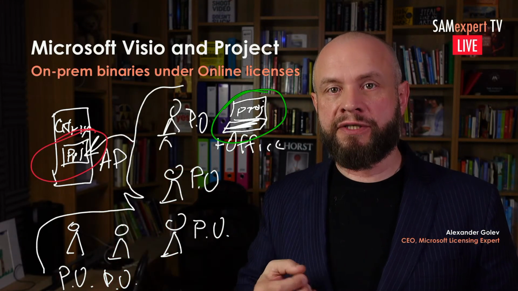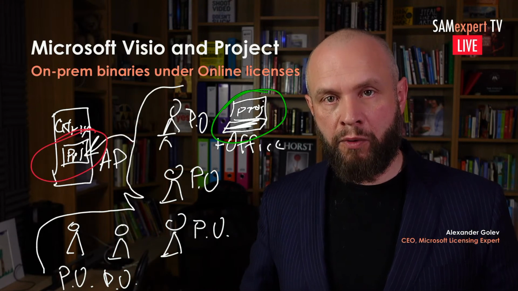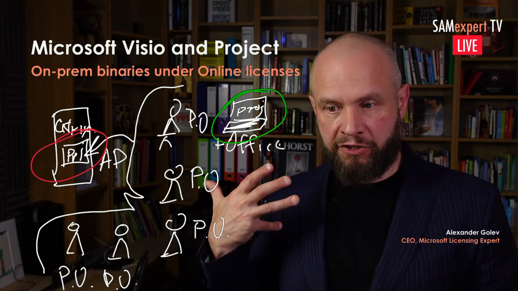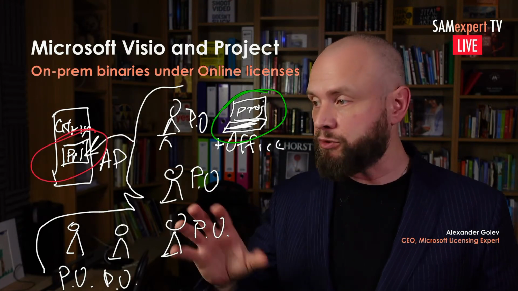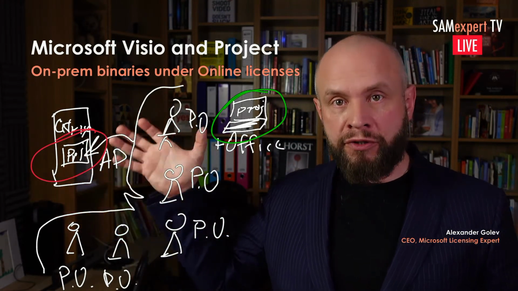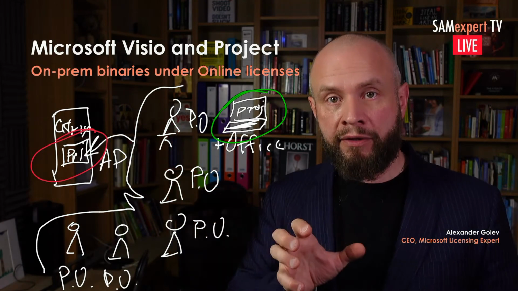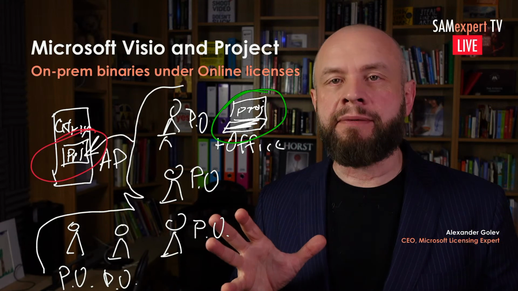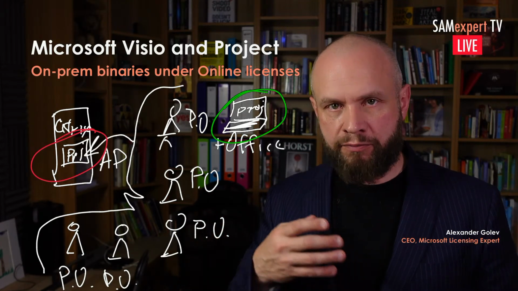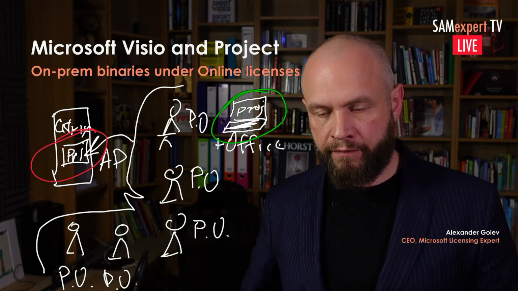Therefore, some users, when they had, say, Office Professional Plus 2013 deployed on their devices and they would subscribe for Project Online, couldn't install Project Online Click-to-Run on those devices because there's an incompatibility between the binaries. It just wouldn't be allowed to be installed.